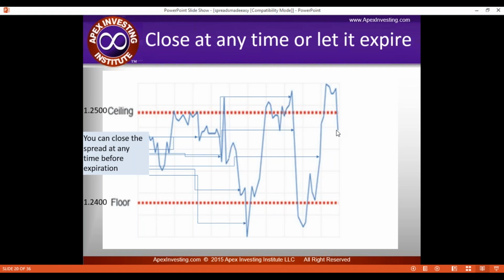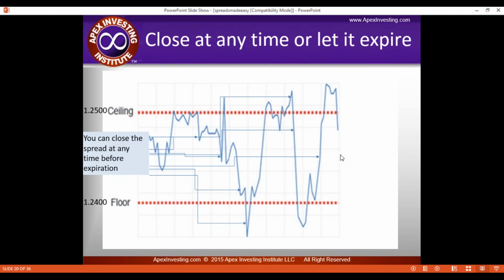It expired at 24.80. How much money did I lose? With the market going against me by 5 pips and expiring, how much did I lose? Bought it for 24.85. It went down to 24.80 and expired. $5. Actually, Robert, okay? $5.